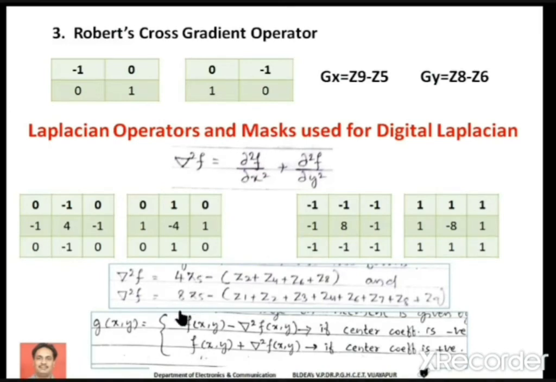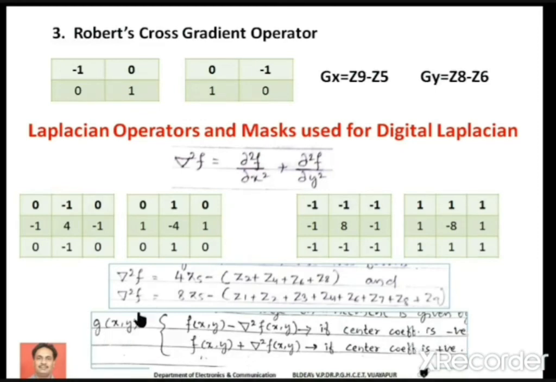So after calculating the Laplacian, the image enhancement can be computed as g of x,y, which can be written as f of x,y minus del square f of x,y. This is in case the center coefficient is negative.